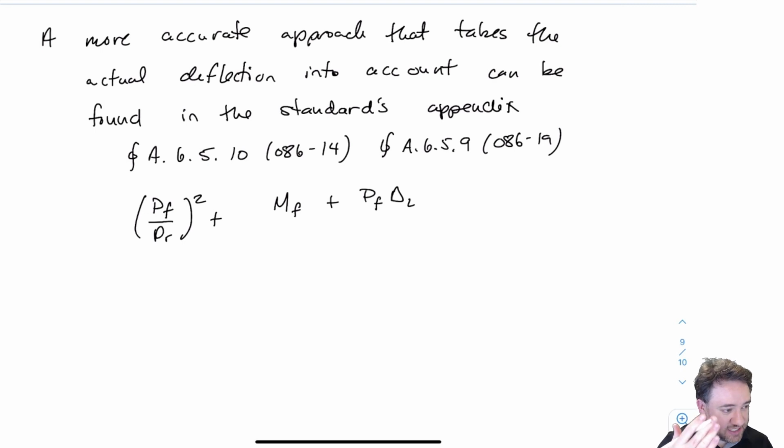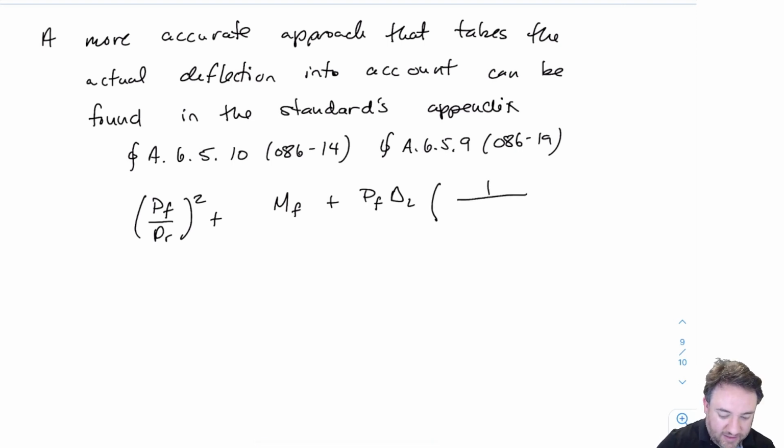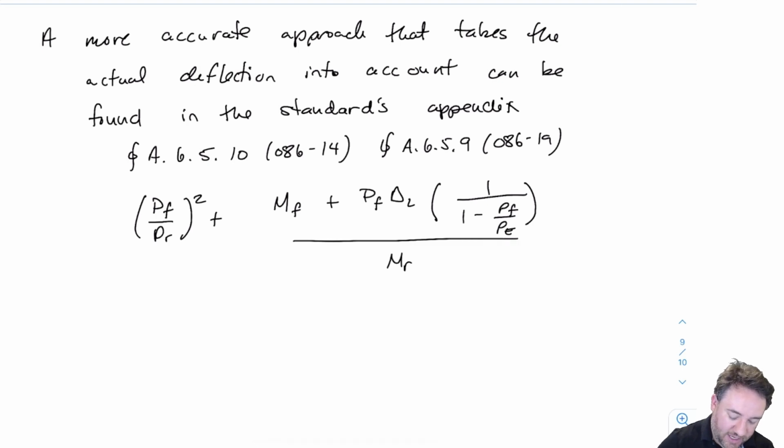So now I have explicitly the applied moment plus the P delta effect. And now this delta is something that I have to explicitly calculate. And then I multiply that by the same amplification, PF over PE. And then I divide that whole thing by my MR.